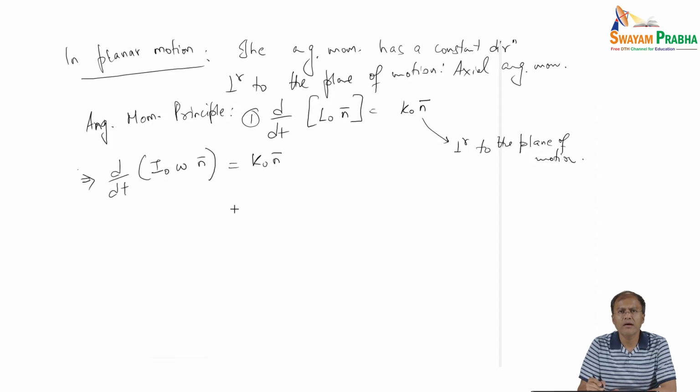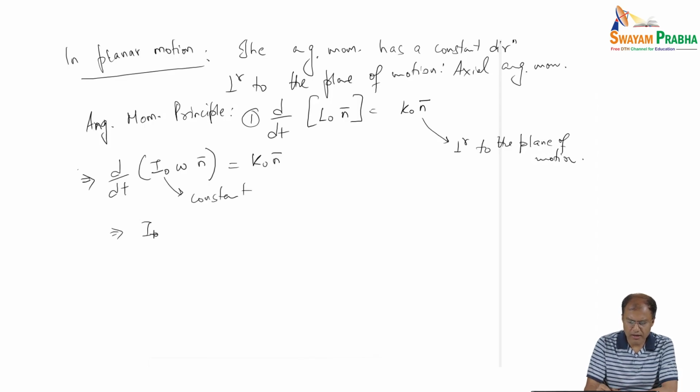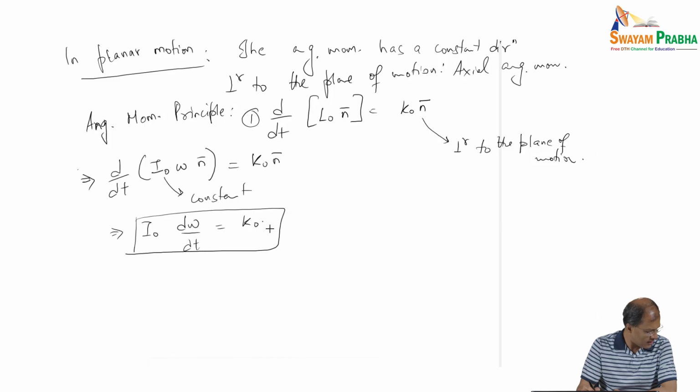So that's the rigid body equation, and typically I_O, being the moment of inertia of the object, is going to be a constant, and we get I_O dω/dt is equal to K_O. Okay, so that's the equation governing the rigid body. This is the rotational part.